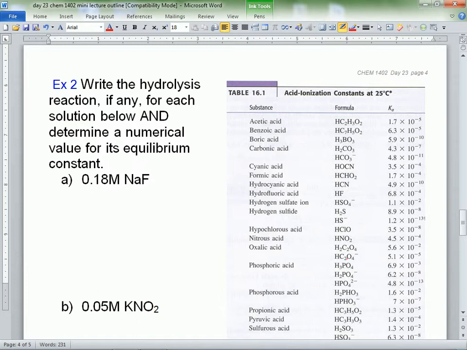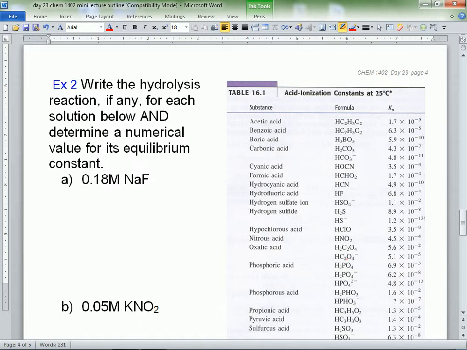Let's write the hydrolysis reaction and get a number for its equilibrium constant. There's no equilibrium constant to write yet, so we're not doing ICE yet. We're still paving our way. So write the hydrolysis reaction, if any, and then also determine a value for the equilibrium constant.